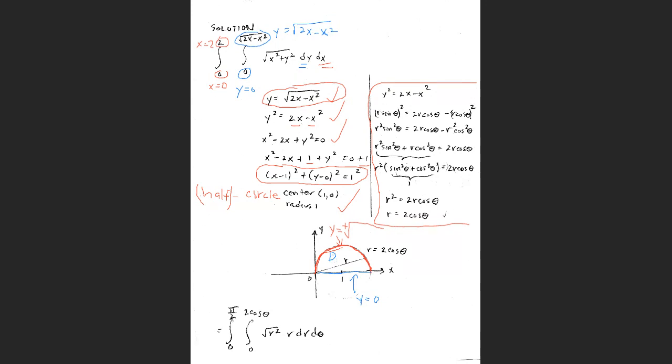Let's go to the double integral. Let's say we treated this region D as a type 1 region, which we'll do. Type 1 region means you go from bottom function to top function.